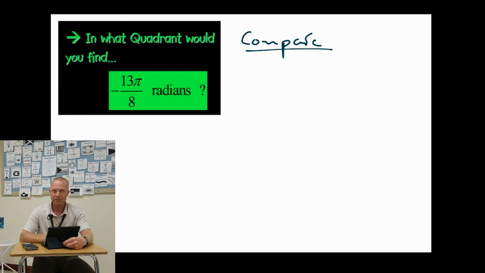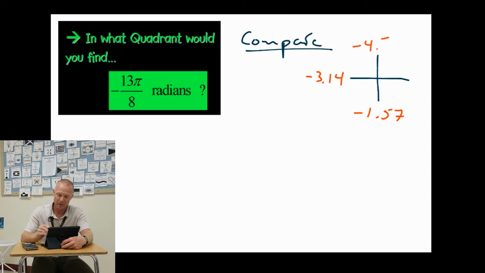All right, how did you do? If we compare the numbers, we want to be ready to be thinking about the negativeness of this angle. That is, I want to be ready to compare it to negative 157. That's just negative pi over 2, negative 314, negative 471.